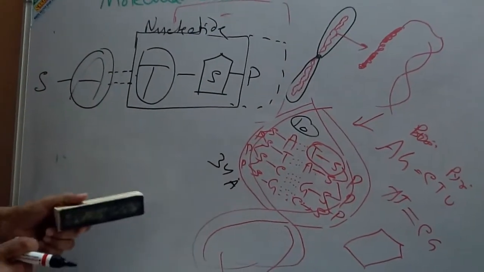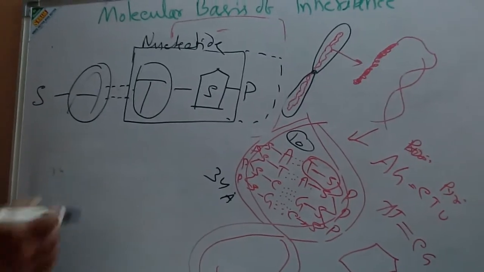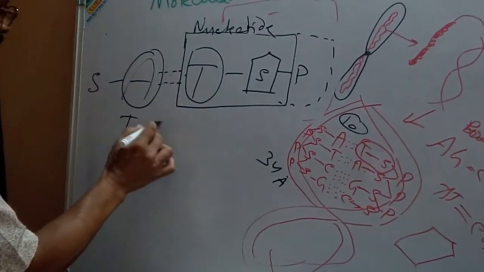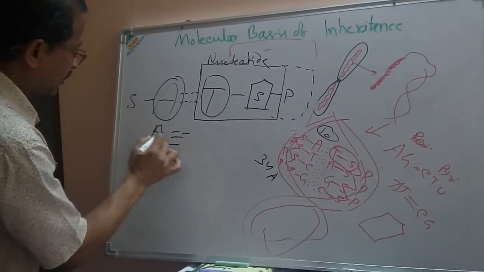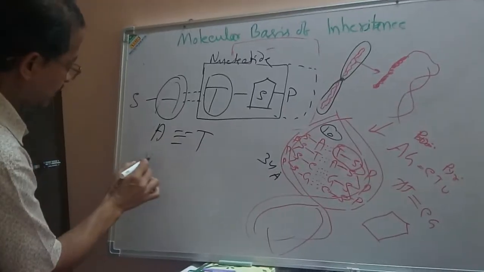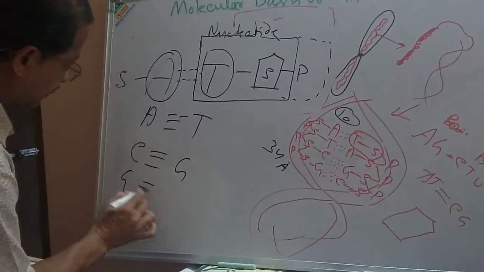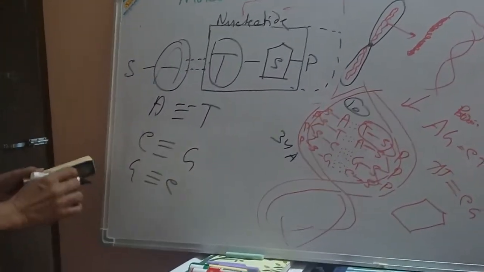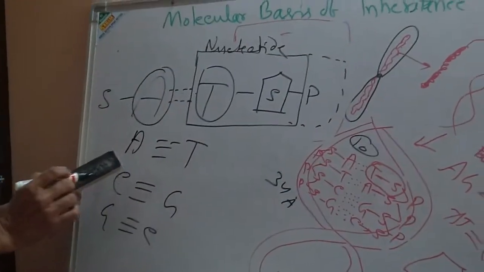Now, before we start the polynucleotide chain, as your book says, here we draw it like that: adenine, thymine, cytosine, guanine, cytosine. That is formed with the purine and pyrimidine bases.